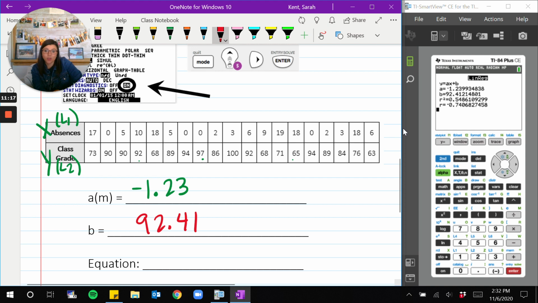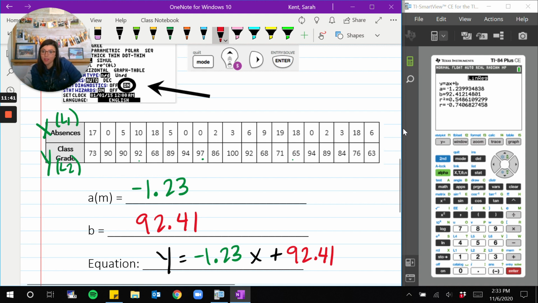So now I can write an equation out of this. So I can write y equals, I'll put my slope first, negative 1.23, and then x plus my y-intercept, which here is 92.41.